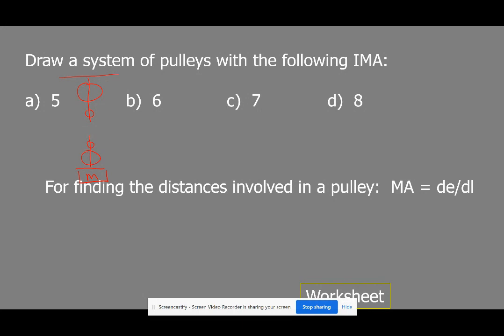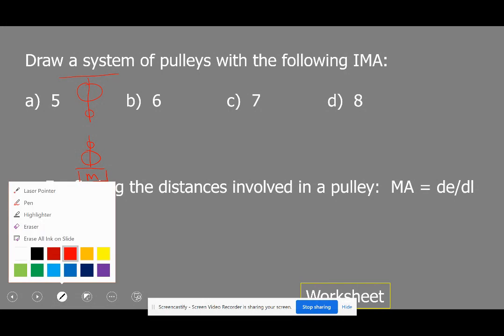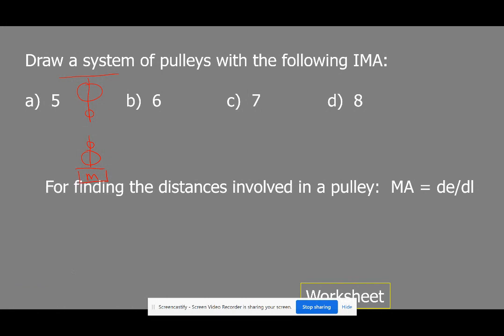The main thing here is that I want to get a mechanical advantage of 5, so I have to start it at the bottom. We want an odd mechanical advantage, so I know I have to start at the bottom. That's the rule. This goes up, around, around, around. Let's count them up. That one counts because it's pulling up: 1, 2, 3, 4, 5. Good. That has a mechanical advantage of 5.